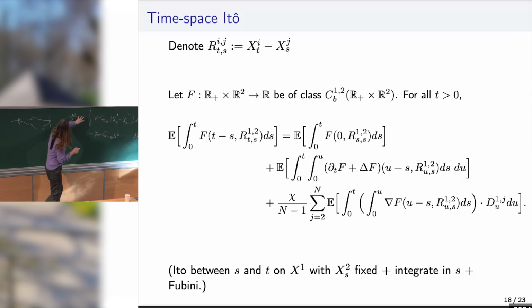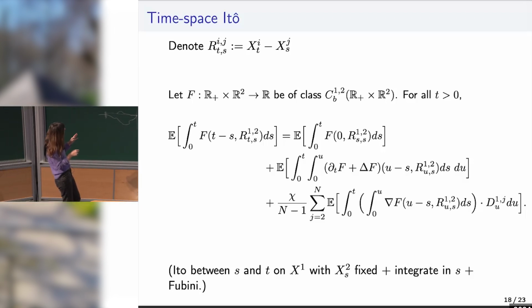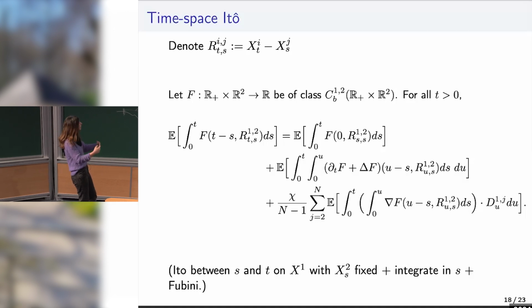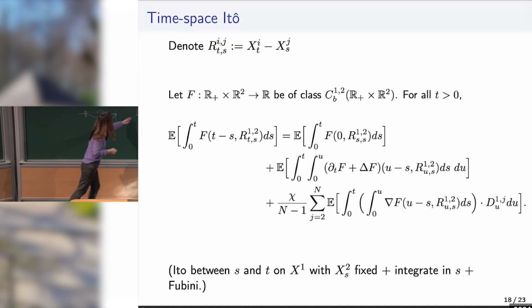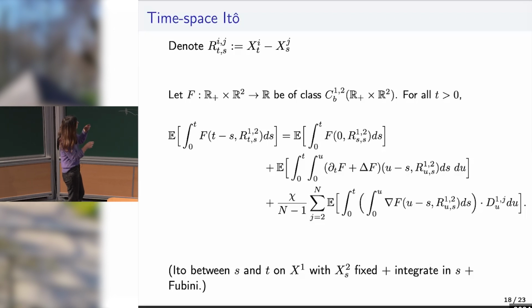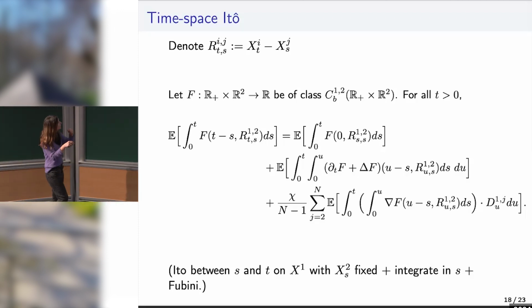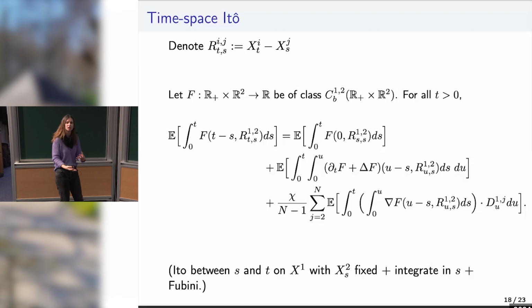So if you are able to find a good F such that those terms are of the same order, the order of the drift, and then you have this term here, you could put it on the left, and then you would have some estimates on this. So the idea, with this suitable way of how these things move, is to find a good F that would produce terms that you like.